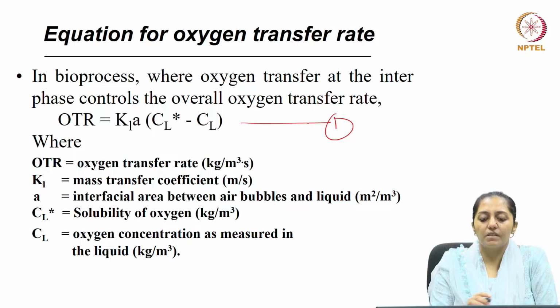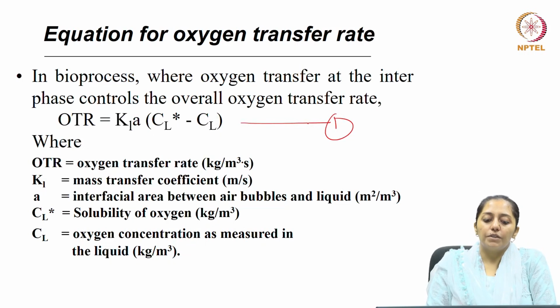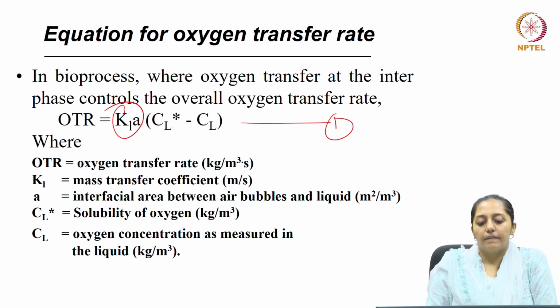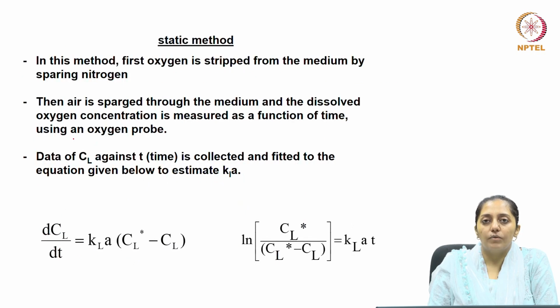Now, if we need to determine the value of KLa, we generally use two techniques. One is called the gassing out technique, which is a static method.